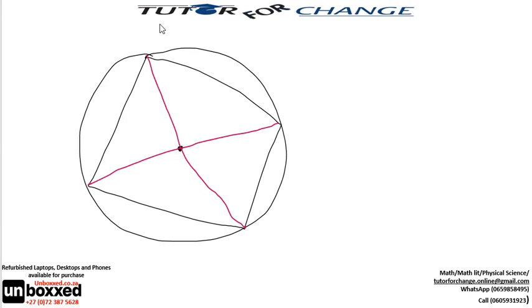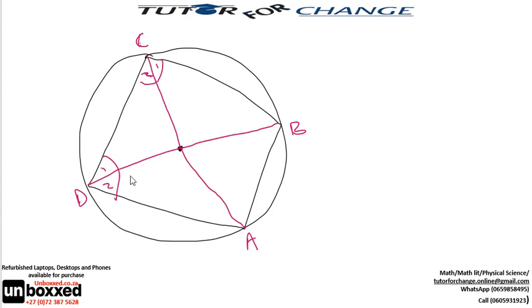Now here's the thing. We can take note that we've got this angle subtended by, let's have this as A, B, C, D. Then we have 1, 2, we have 1, 2, like that. Angle C1 is subtended by AB, as well as angle D1.